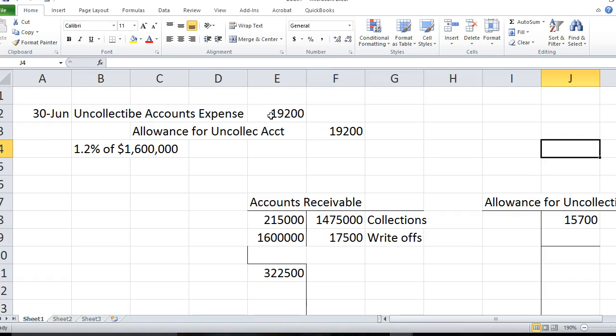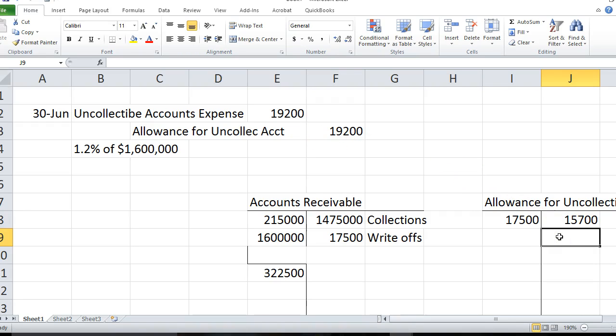If we started the year with 15,700 in our uncollectible, and it told us we ended up writing off 17,500 of our uncollectibles, then when we wrote it off, we credited accounts receivable and debited our allowance.